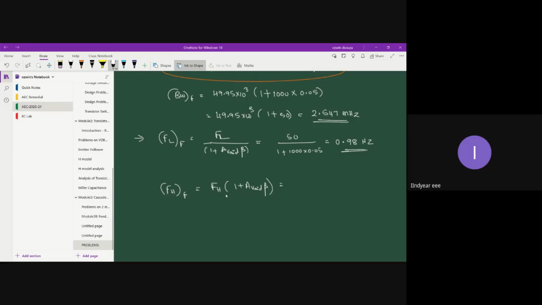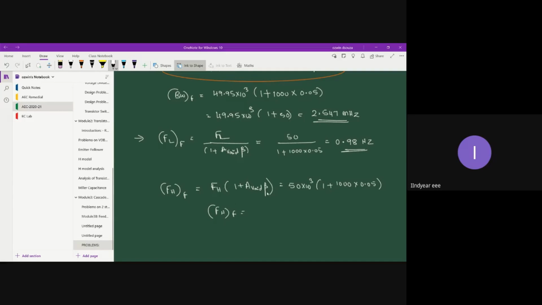Now let us look at the effect on the upper cutoff frequency. That's 50 kilohertz into 1 plus, again, 1000 into 0.05. So basically it is 51 times 50 kilohertz, that is 2550 kilohertz.